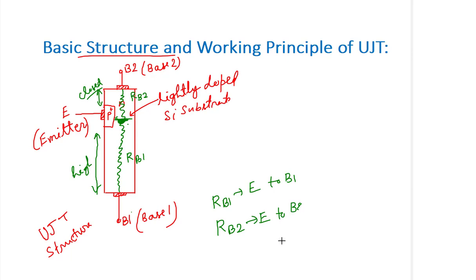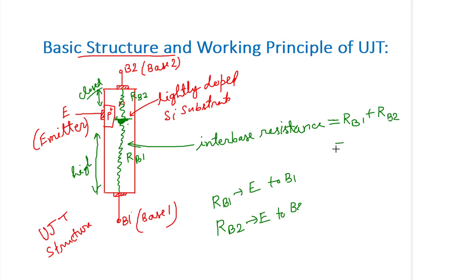For the N-type silicon substrate, the total resistance is the interbase resistance, which equals RB1 plus RB2.